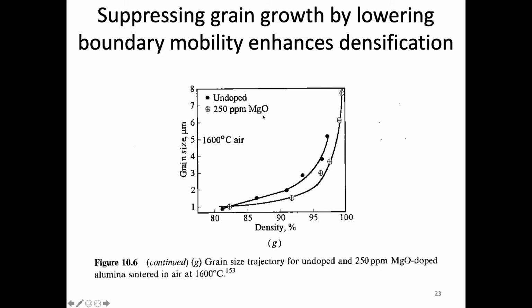This is something that when doped causes the grain boundary mobility to decrease, and it does so because the boundaries are kind of pinned by these impurities that are there. So that prevents grain growth or suppresses it, and that allows densification to happen, elimination of the pores before the grains grow and separate from the pores. Like we mentioned, that's a bad thing.